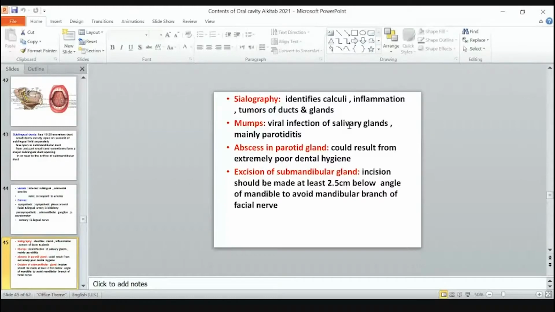Sialography means taking X-ray of the salivary gland ducts using radio-opaque material.